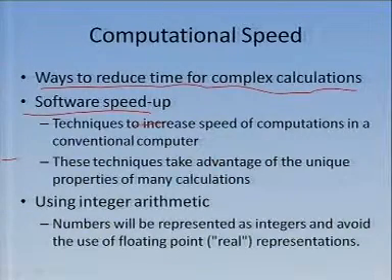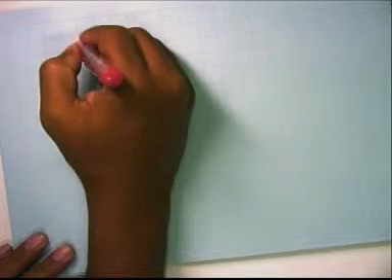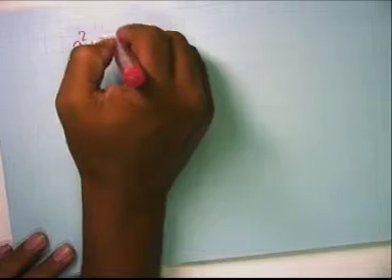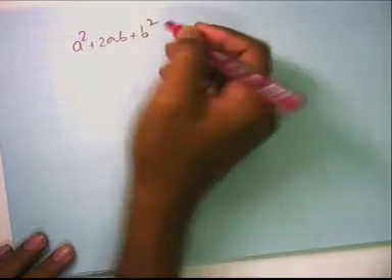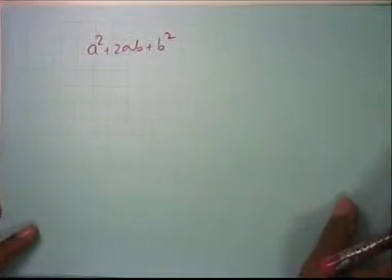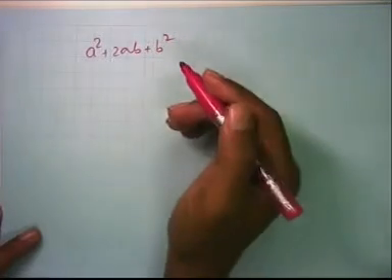For example, if you want to calculate a square, let me show you this calculation on the paper. Suppose you want to calculate a square plus 2ab plus b square.